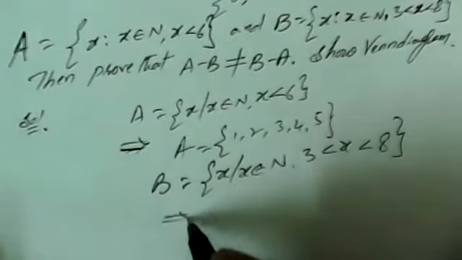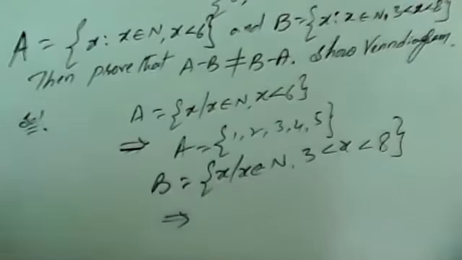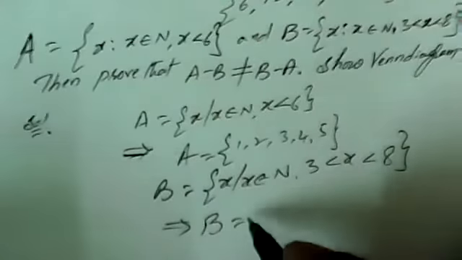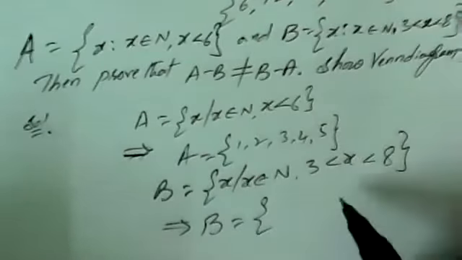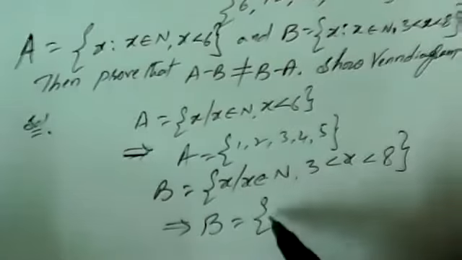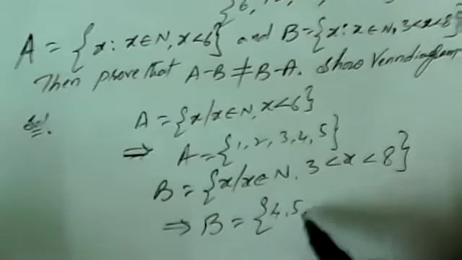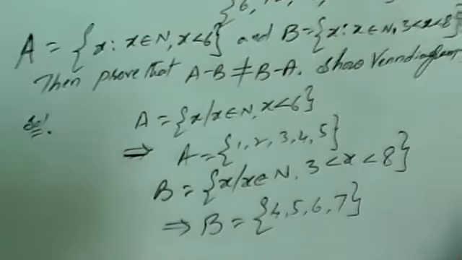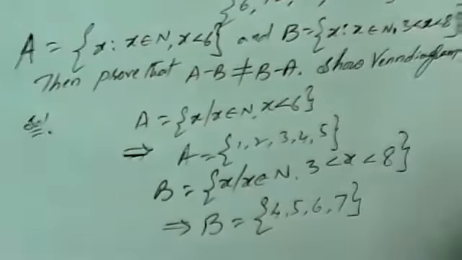This implies B is equal to the natural numbers lying between 3 and 8. They are 4, 5, 6, 7. Now we have to find A minus B.